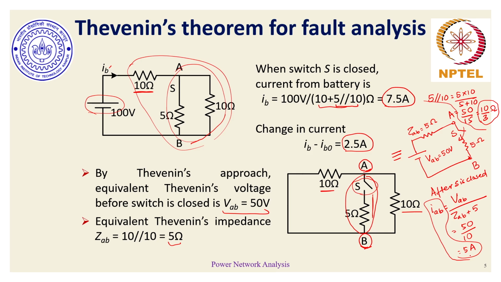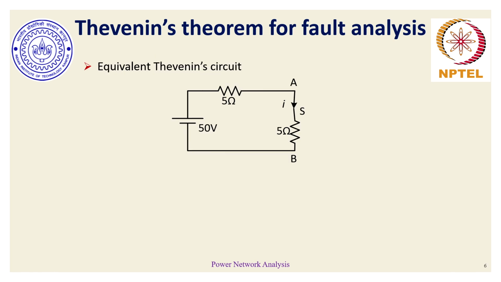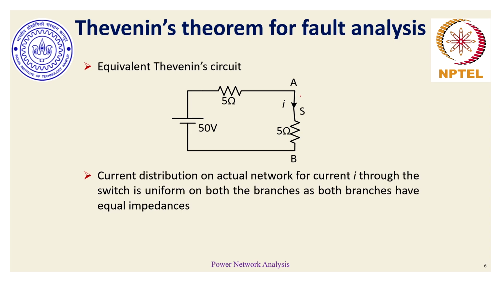Now, if 5 amperes has to flow in this circuit between A and B after the switch is closed, in this direction, that means this 5 ampere current can be distributed as shown over here. I is my 5 ampere current.